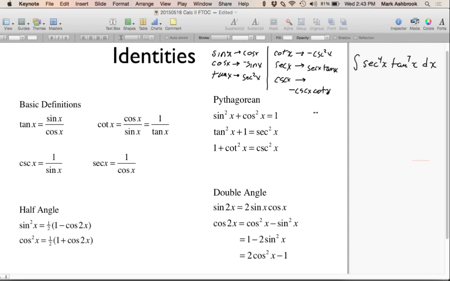So if we're undoing the chain rule, we're thinking about having one of these derivatives, right? If we can get one of these expressions as our f. The chain rule is the derivative of g of f of x, which says g prime of f times f prime of x.